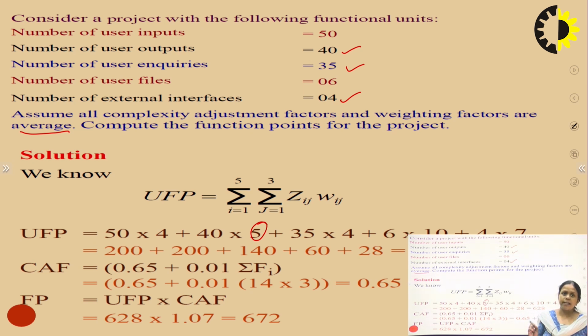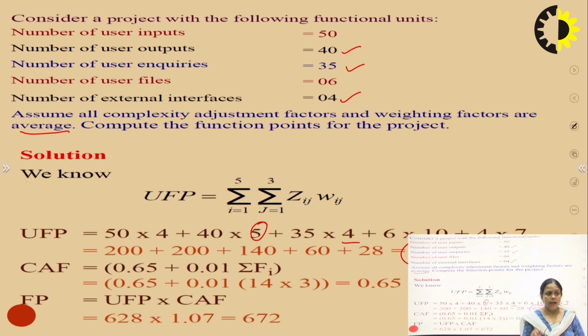So, actually it is given in the question only. That is why we are multiplying with these different weights here. So we will use all these factors and multiply them with the weighting factors. Okay, then we will find the total, and the value of the unadjusted function point is 628.